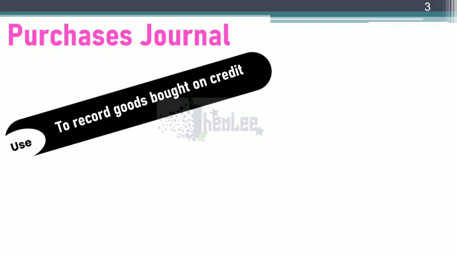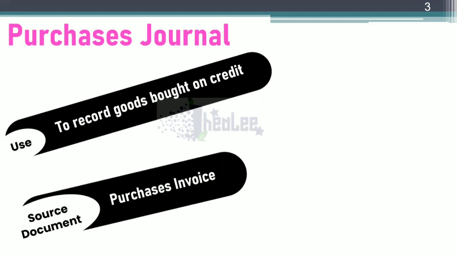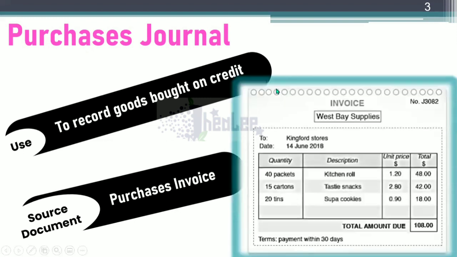The source document that is used for purchases journal is purchases invoice. So when you prepare your purchases invoice, then from the invoice, you would make your record in your purchases journal. And again, here is a sample of an invoice. Just to highlight some key information from the invoice, the supplier is West Bay Supplies, and the business that made the purchase would have been Kingford Stores.